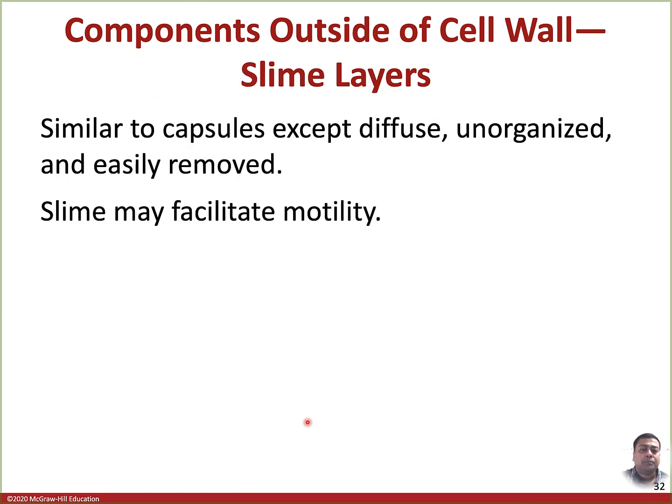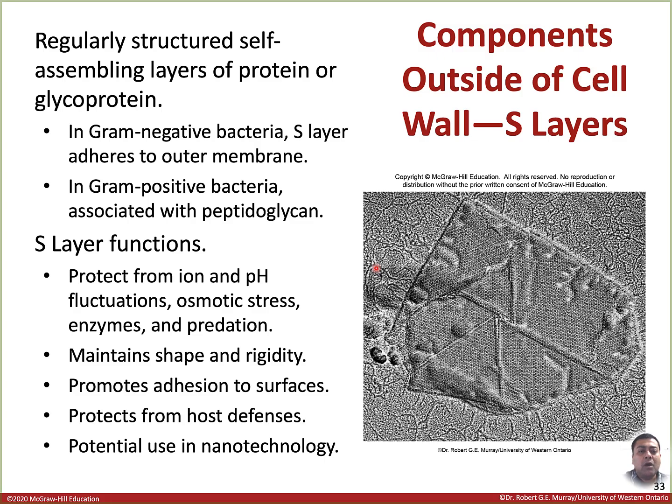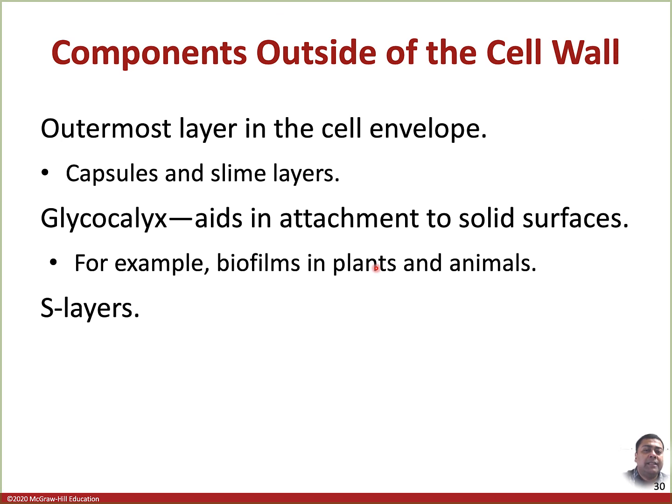Now, similar to the capsule, the slime layer is diffuse, unorganized, and easily removed. Sometimes slime also helps in the motility of the bacteria. On the other hand, what is the glycocalyx?